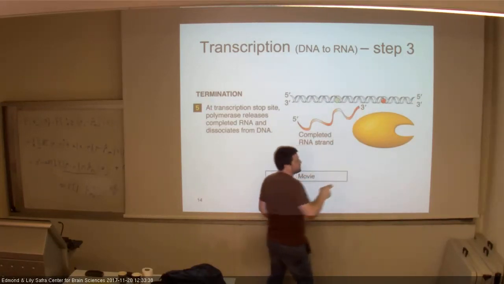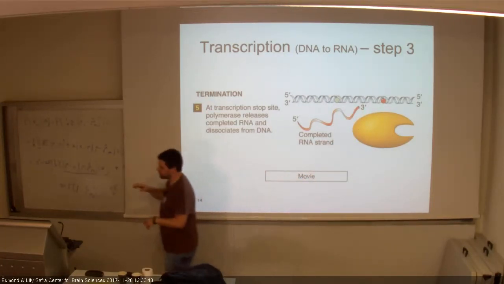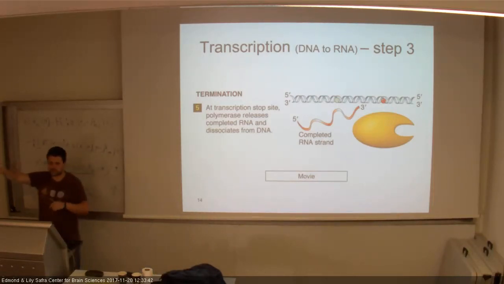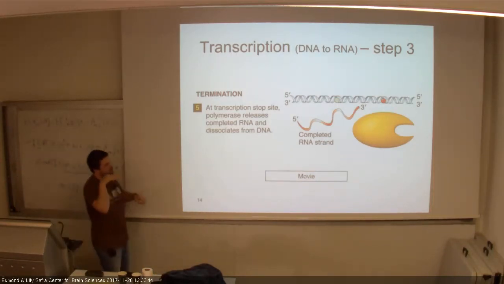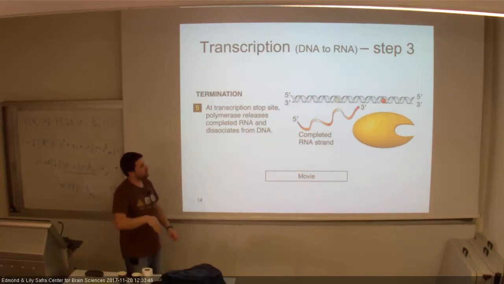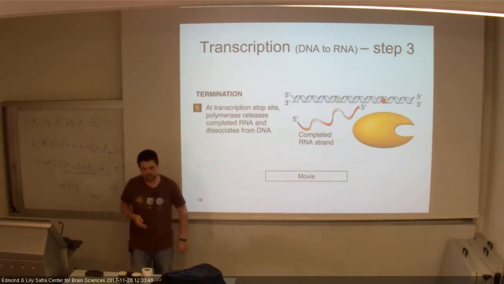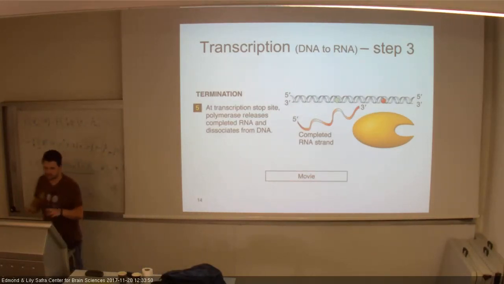It's called a torpedo model because they're targeting the RNA polymerase, and when they catch it, they cause it to fall off the DNA strand. So this is one of the mechanisms that people think is true, but again, there's much more to do in this field.